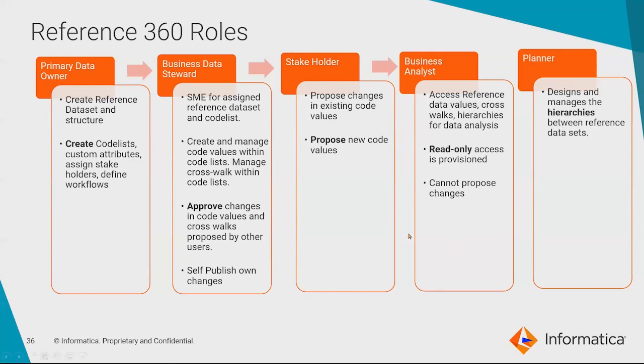Whereas a business analyst might only need read-only access. So they want to be able to look at the reference data values, but they don't necessarily need to propose changes in terms of these roles. Finally, the planner role is only used for managing hierarchies. So for example, world, country, state.